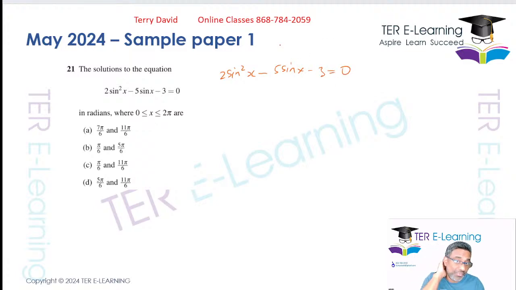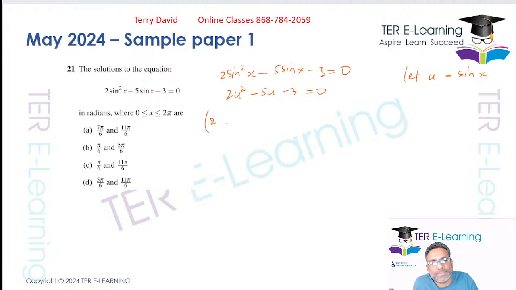Now, for a question like this, I don't necessarily like to work in terms of sine, so I will make it simpler for me. Let u equal sine x. Therefore, I can write this as 2u squared minus 5u minus 3 is equal to 0. Now let's try to factorize this.